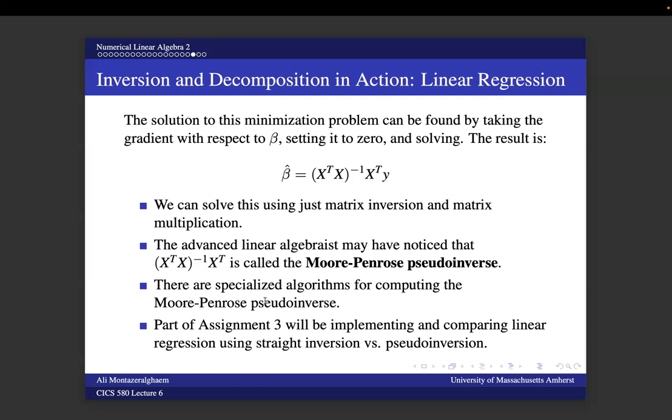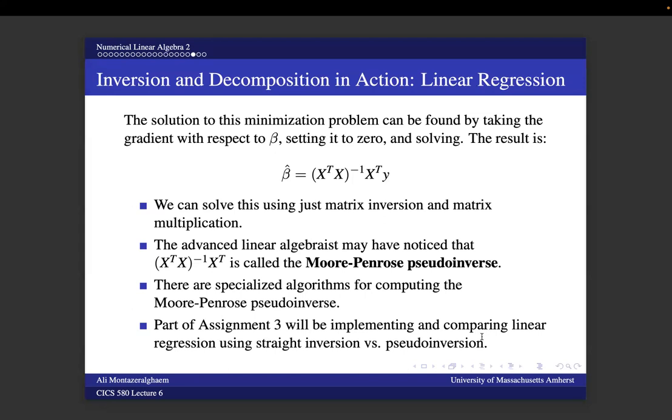As part of assignment 3, you need to implement and compare linear regression using straight inversion and the pseudo inversion algorithm.